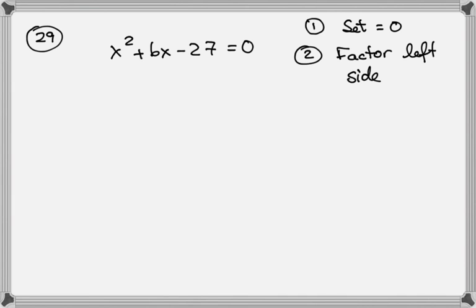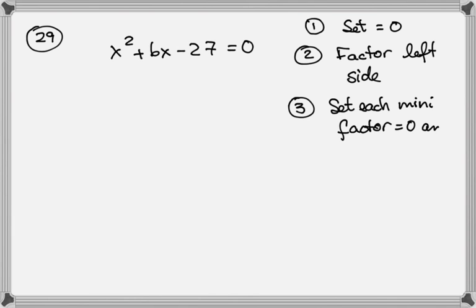And then the third step, we are at the point of what we did before. You set each mini factor equal to 0 and solve. Okay, that's basically it. 3 steps.